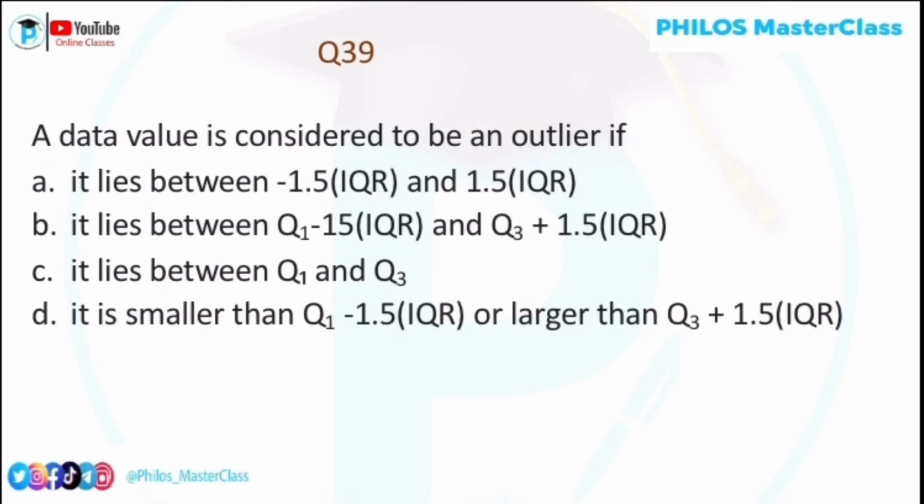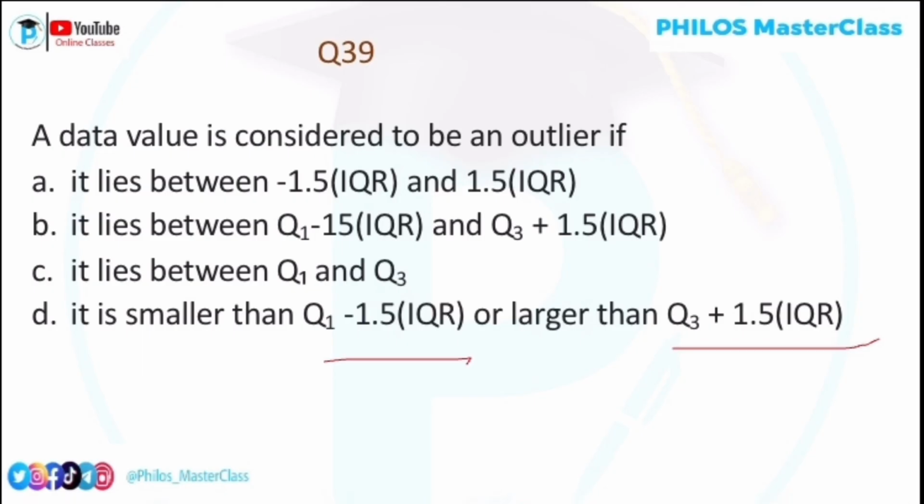This question says, a data value is considered to be an outlier if it is less than first quartile minus 1.5 times interquartile range, or if it is more than third quartile plus 1.5 times interquartile range.